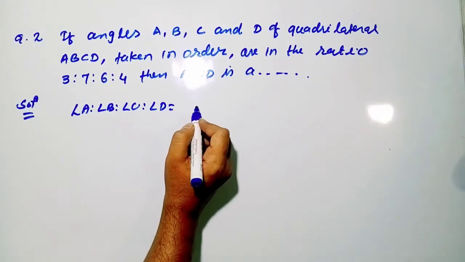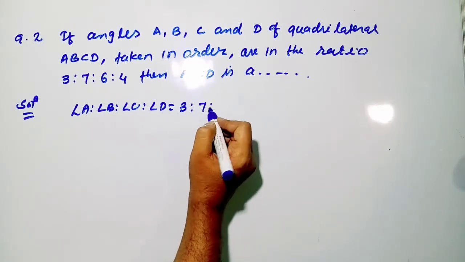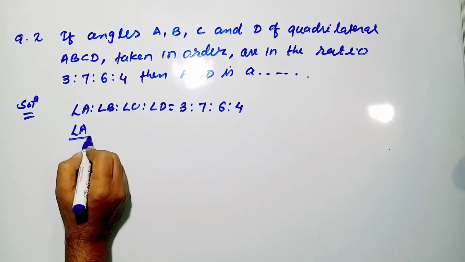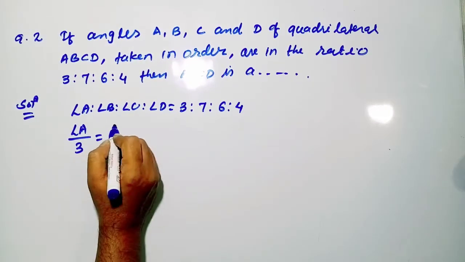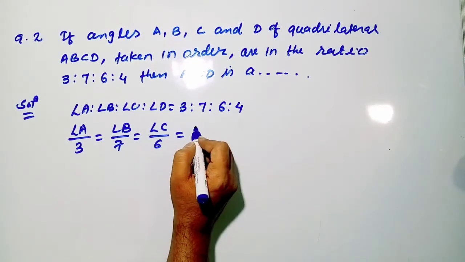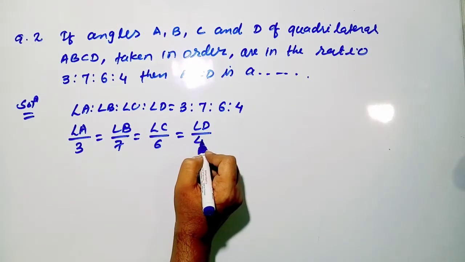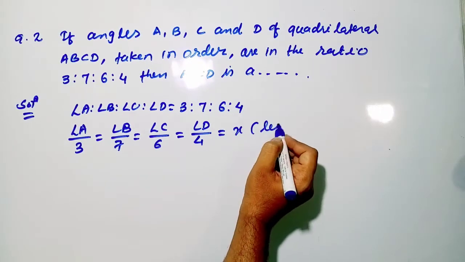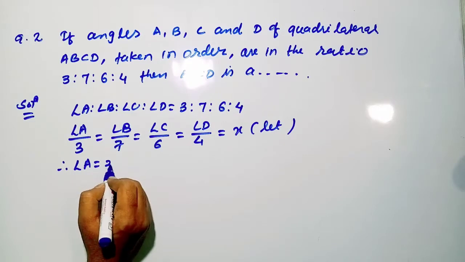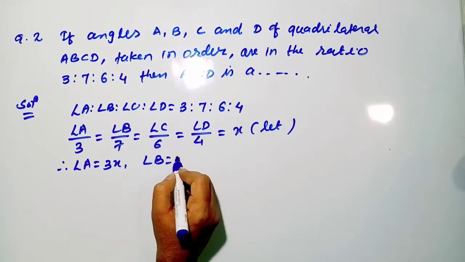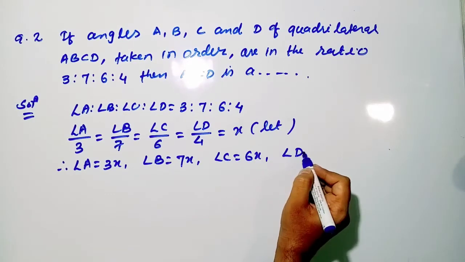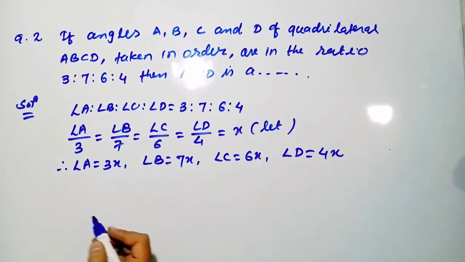So as per the given data, angle A is to angle B is to angle C is to angle D is equal to 3:7:6:4. So we can write angle A upon 3 is equal to angle B upon 7 is equal to angle C upon 6 is equal to angle D upon 4. Consider this is x. Right? So angle A is 3x, angle B is 7x, angle C is 6x and angle D is 4x.